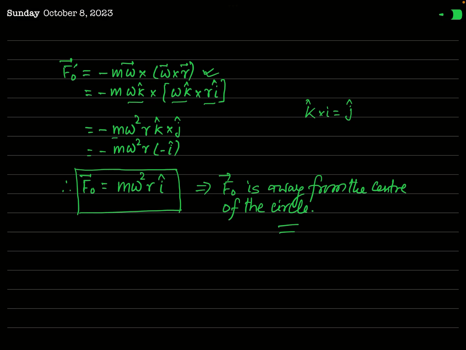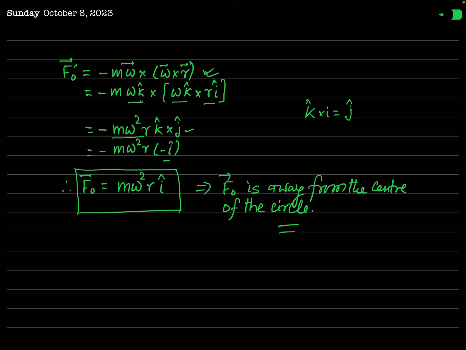So this will be m omega square r times k cross j. But k cross j is equal to minus i, you know. So this F naught dashed will be minus m omega square r times minus i hat.